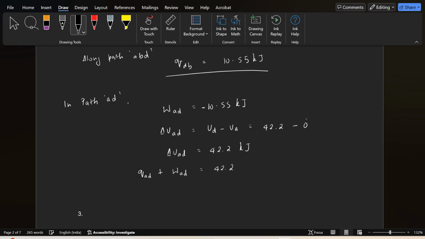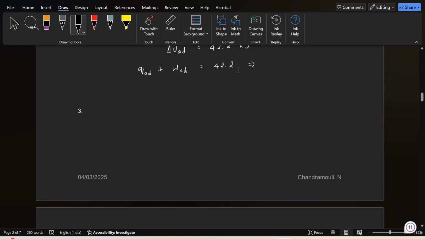So we know the value for W. So Q AD is equal to 42.2 minus W AD.